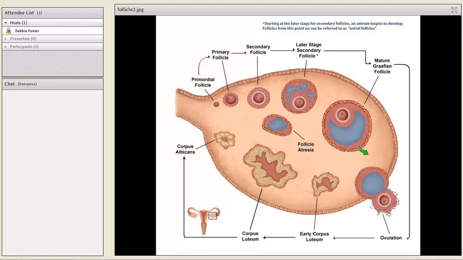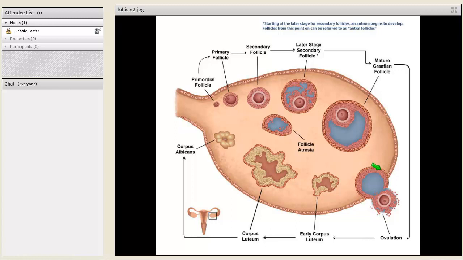As this process is going, and as estrogen is increasing and continuing that development, and we'll look at a hormone chart in a minute, you get to the point where the conditions are such that you're going to see just this surge of very high quantity of LH from the pituitary be released. And that does two things.